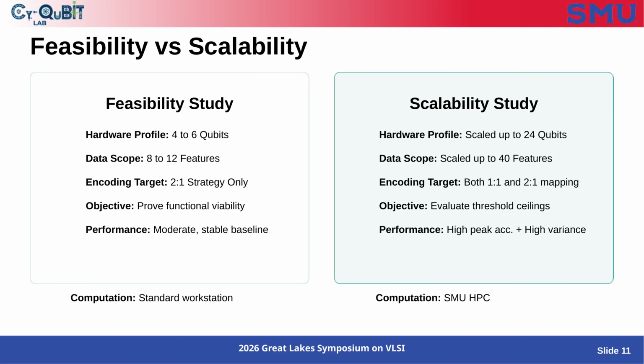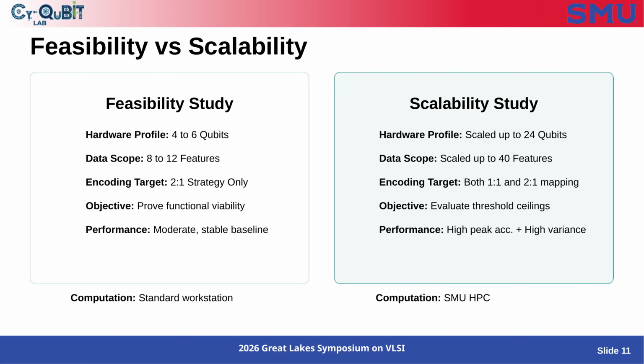This slide contrasts a feasibility study with a scalability study. In the feasibility setting, the hardware profile is small, around 4 to 6 qubits, with 8 to 12 features and only the 2-to-1 encoding strategy. The goal is mainly to prove that the approach works, and the computation can run on a standard workstation. In the scalability setting, the model is expanded up to 24 qubits and 40 features, using both 1-to-1 and 2-to-1 mappings.